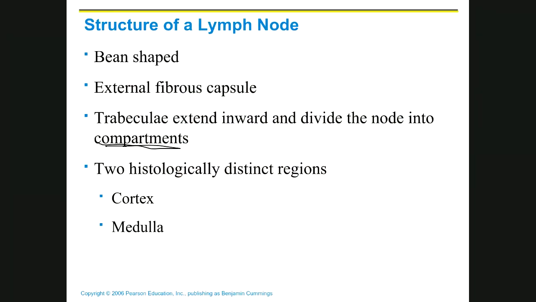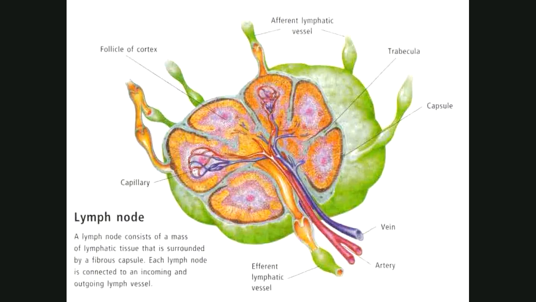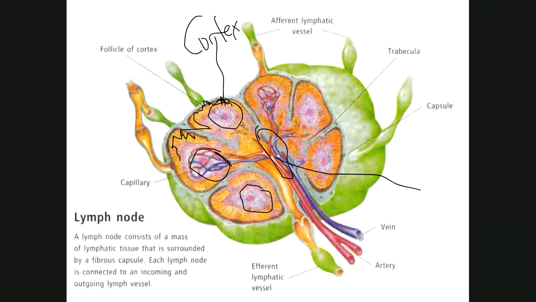And then if you look in the lymph node, you can see two regions. Look, there's an outer region right here. Looks pretty much the same everywhere you look. That is called the cortex. But if you look deeper in here, you see these round things. And if you look even deeper in here, you see blood vessels and lymphatics. And that area is called the medulla.